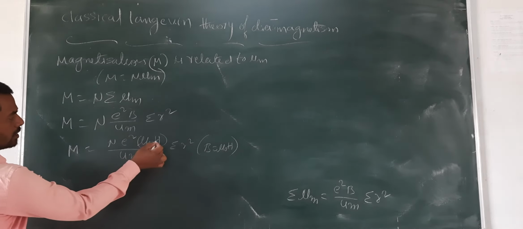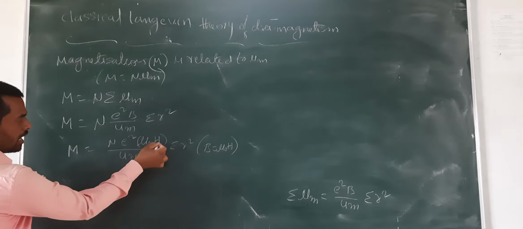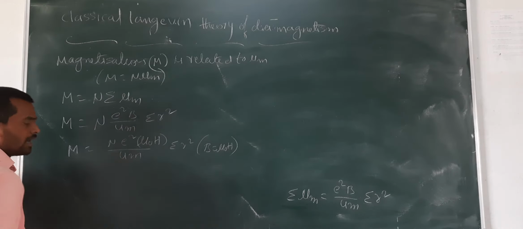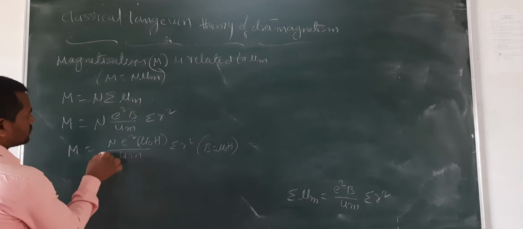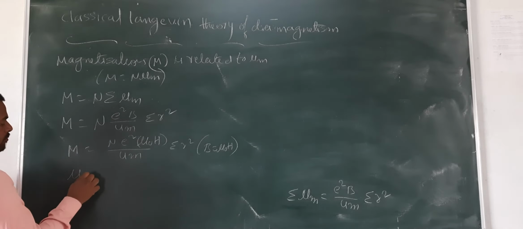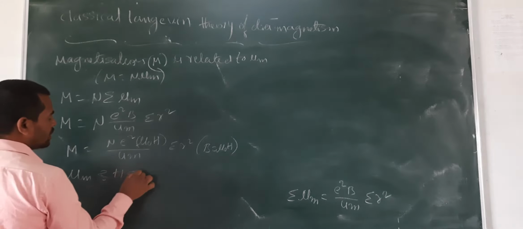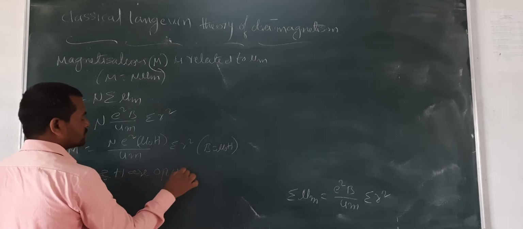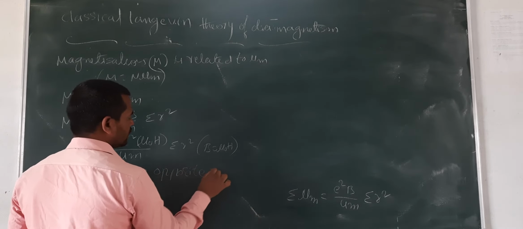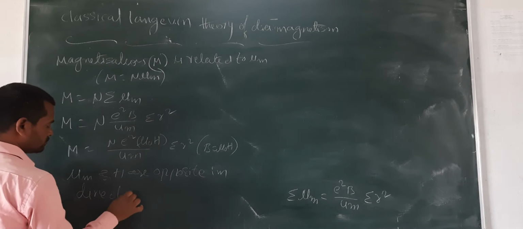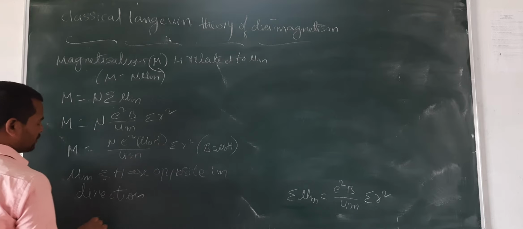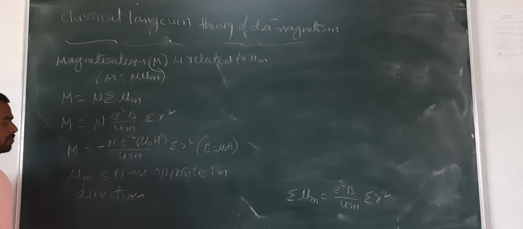Next, here this is H and mu m. In general, they are opposite in direction. So since mu m and H are opposite in direction, here we simply attach a minus.